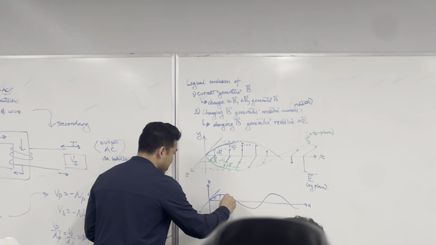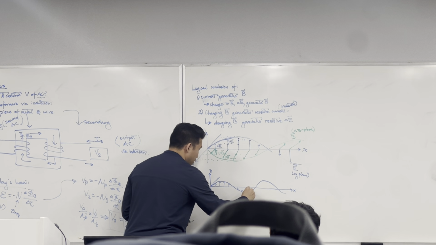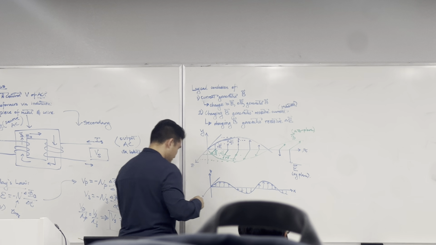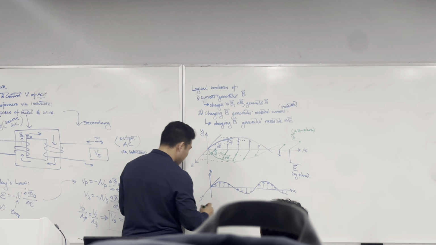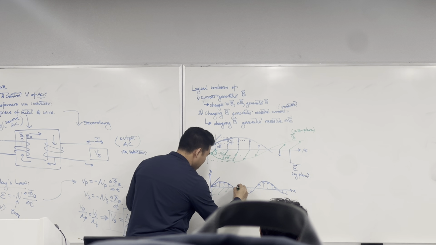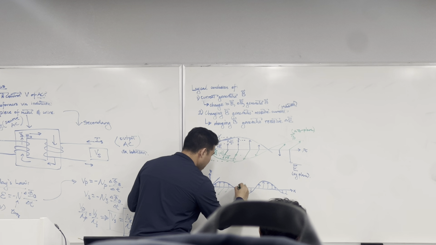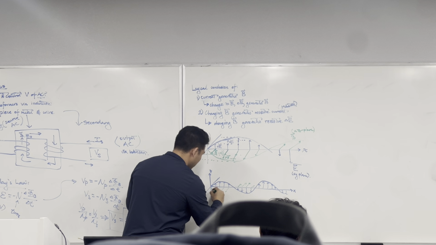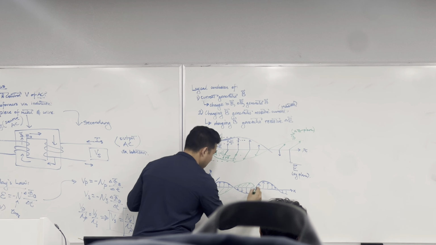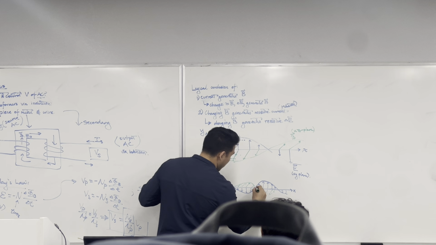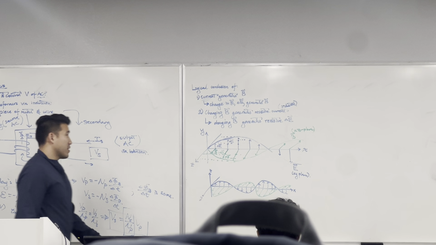That all the electric fields are going up and down like this, whereas the magnetic field is going like that.